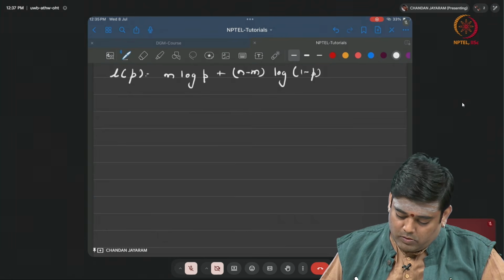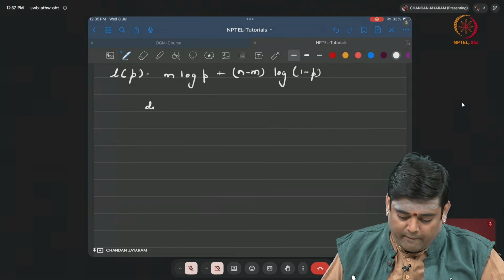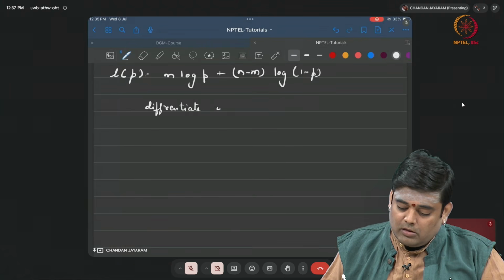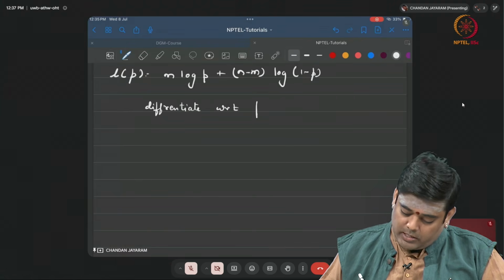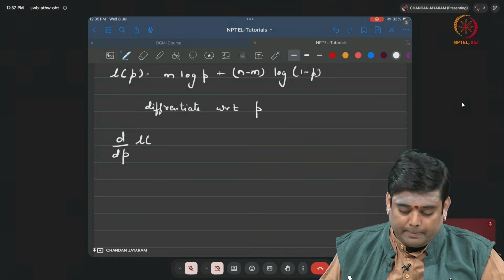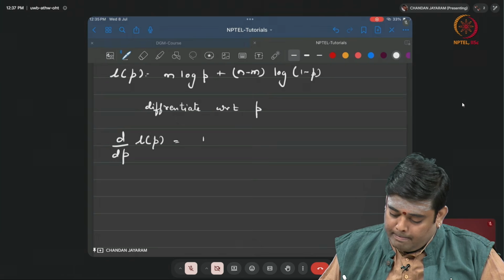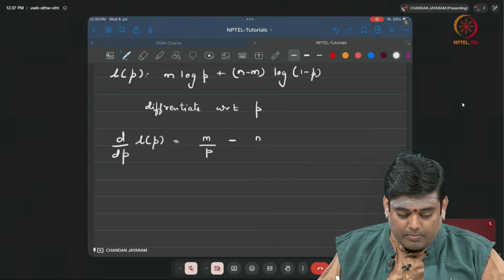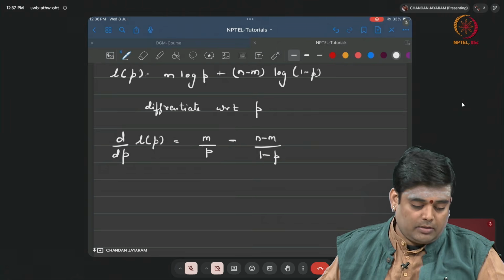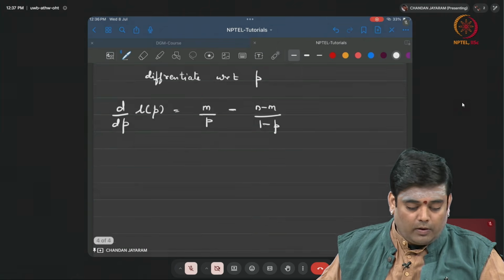So differentiating with respect to P, d by dP of L of P is m by P minus n minus m divided by 1 minus P. So this is the thing. Now you equate it to 0.